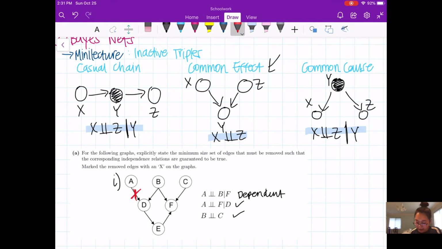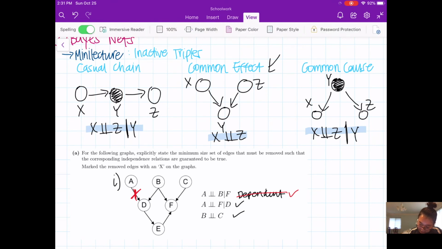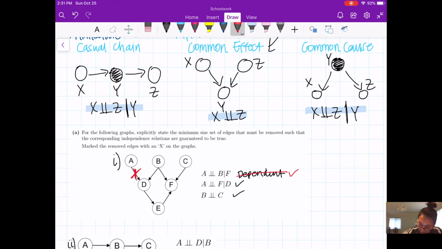So because of that, A will be independent to both B given F and to F given D. So that will solve our problem and make it independent. So that's why for part A, the solution is to remove edge AD.